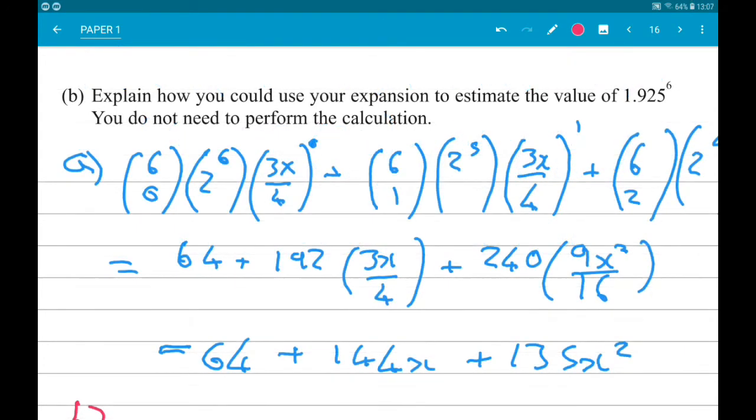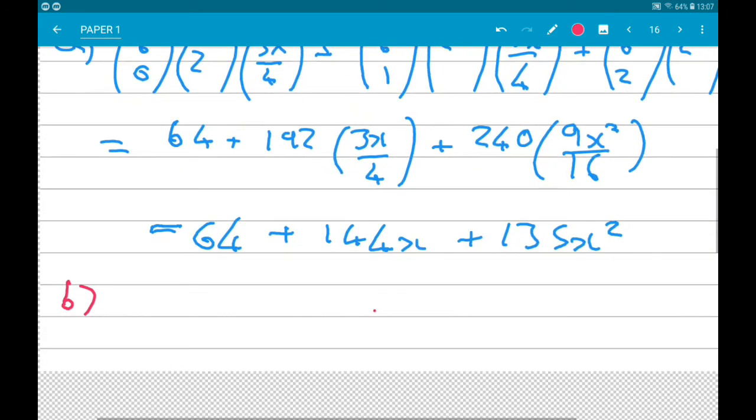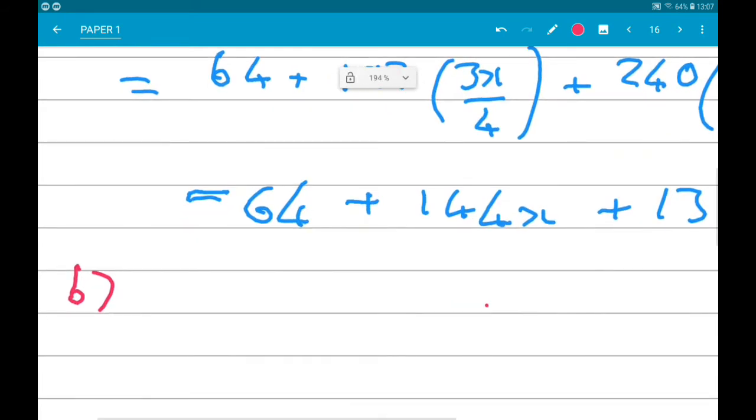Part B then wants to know how we would use our expansion to estimate the value of 1.925 to the power 6. So what we're doing then is thinking of 2 add 3/4 x as 1.925.